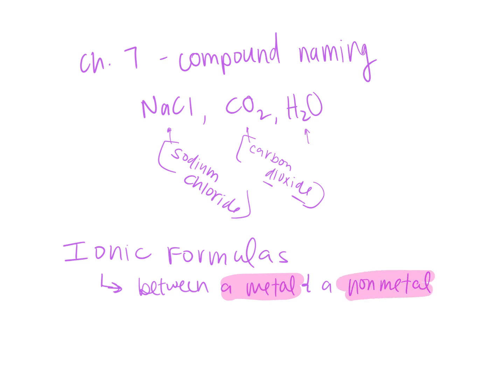We need to know that it is between a metal and a non-metal. Okay, so I want you to take out your periodic table right now and look at what section of the periodic table the metals are. Left side or the right side? The left side. Do you see on your periodic table where you shaded all those things in or separated them? Yes, ma'am.